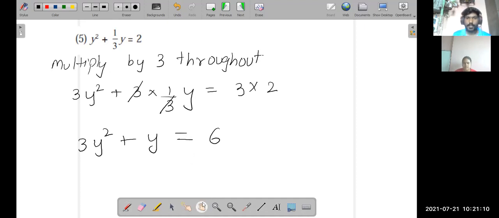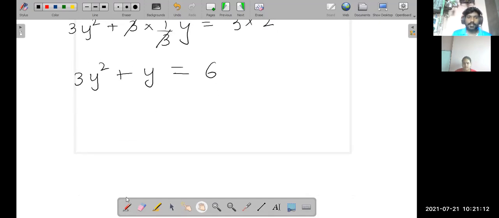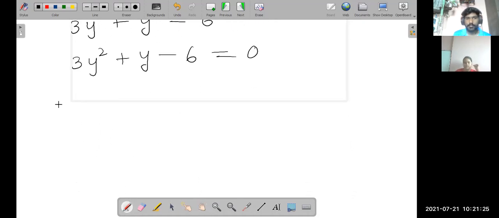Yes. Take plus 6 to the other side. We have 3y square plus y minus 6 equal to 0. Tell me A, B, and C now. A is 3, B is 1, and C is -6. Now use the formula method.